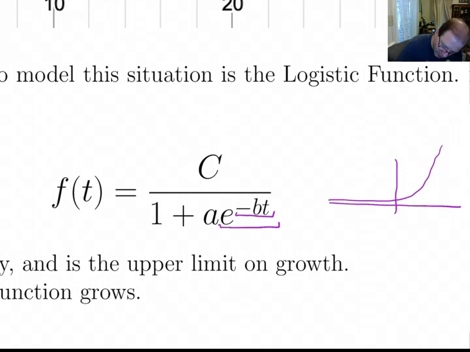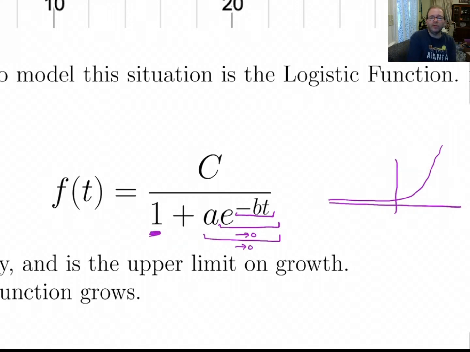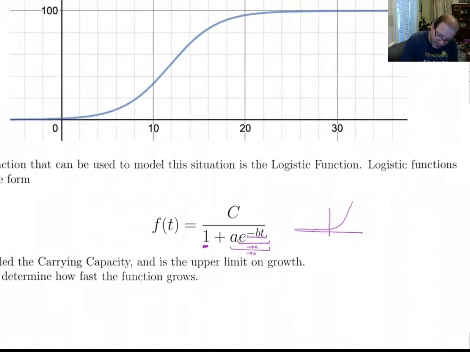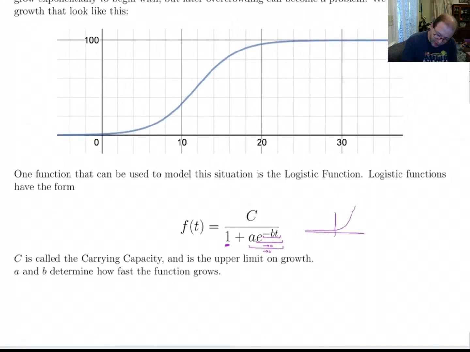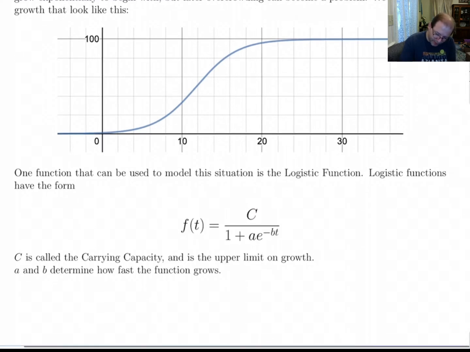So as t grows large, this bit right here goes to 0, which makes the whole bit, when you multiply it by a, still go to 0. And so your denominator approaches 1. So the function value is going to be c over 1, or just c. So that's why c there is the limit. It's also called the capacity or the carrying capacity.